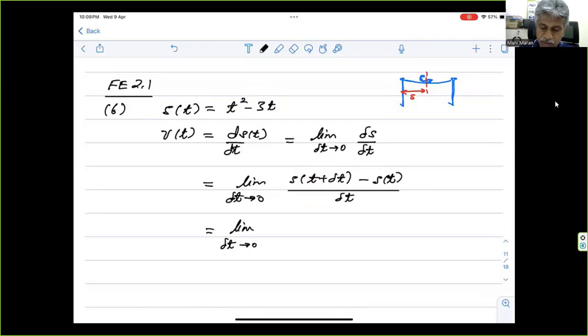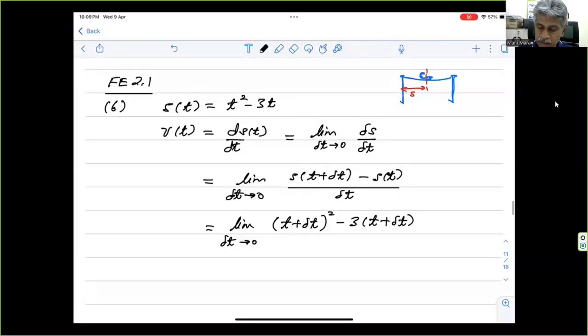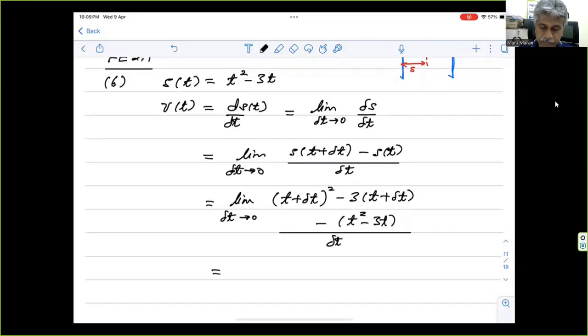So substitute inside there, you'll get t plus delta t whole thing squared minus 3 times t plus delta t, minus s of t, which is minus t square minus 3t, divided by delta t. Okay, so what we are doing, just substitute everything inside there and simplify.